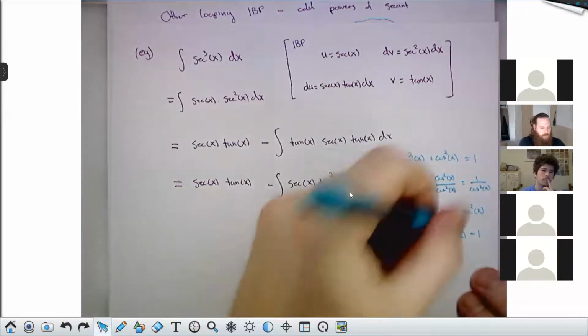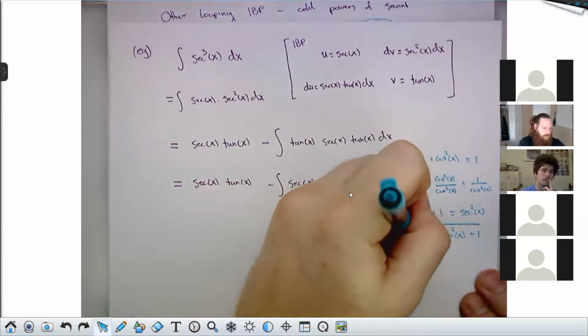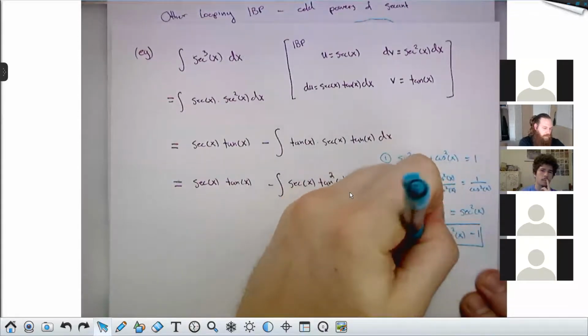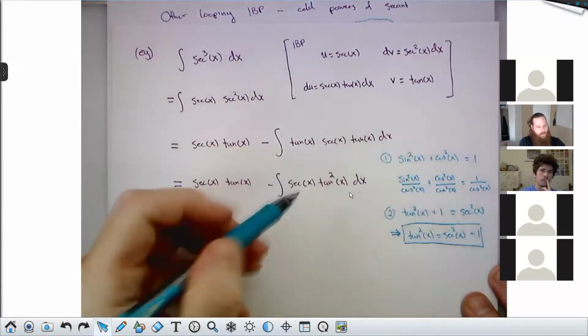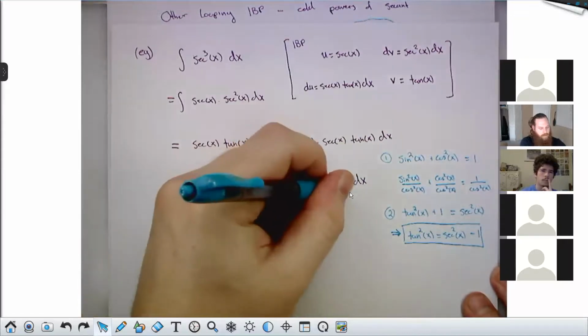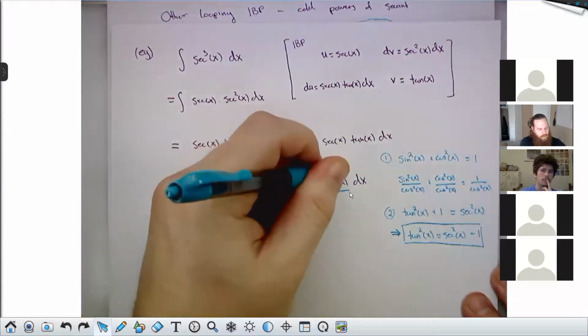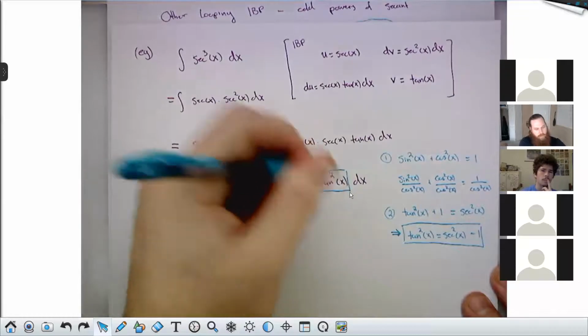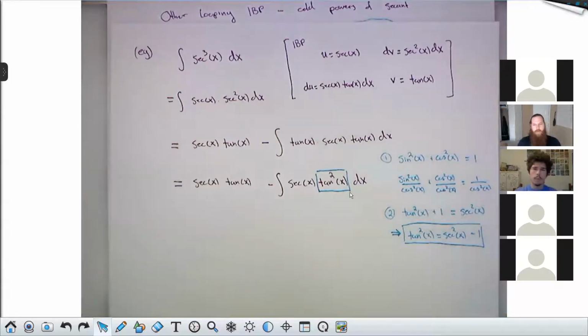This is what we will use here. I will replace this tan squared x by secant squared x minus 1. And that will bring back a secant cubed.